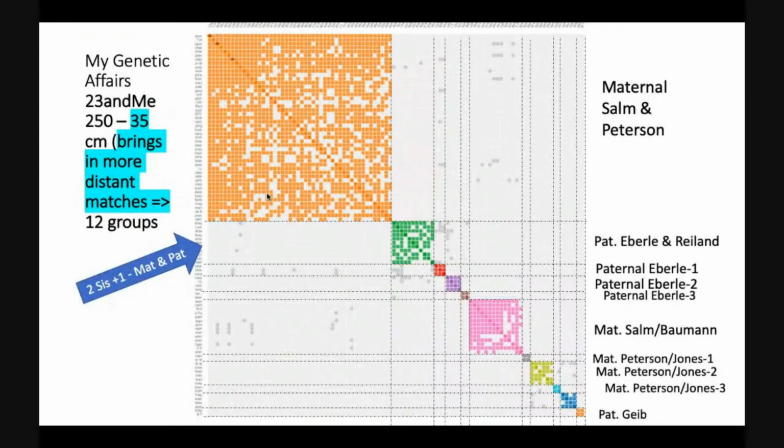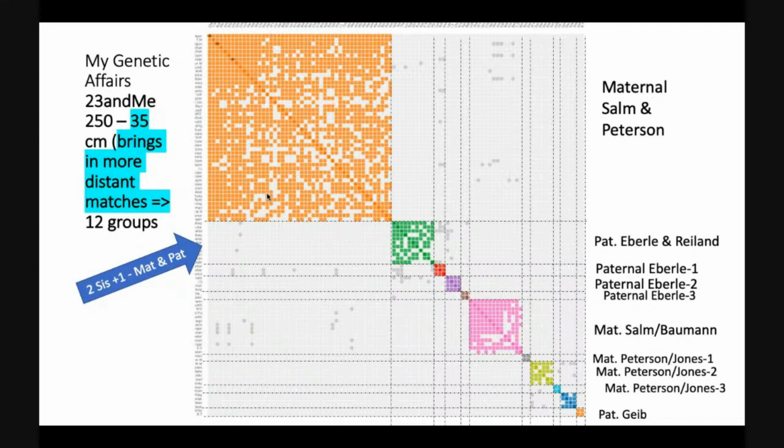And what happens is I get a lot more clusters and just finer and finer groupings. By bringing in those people who share 35 to 49 centimorgans, I'm going to be bringing in those more distant cousins into this analysis, and it's going to bring in those extra groups.